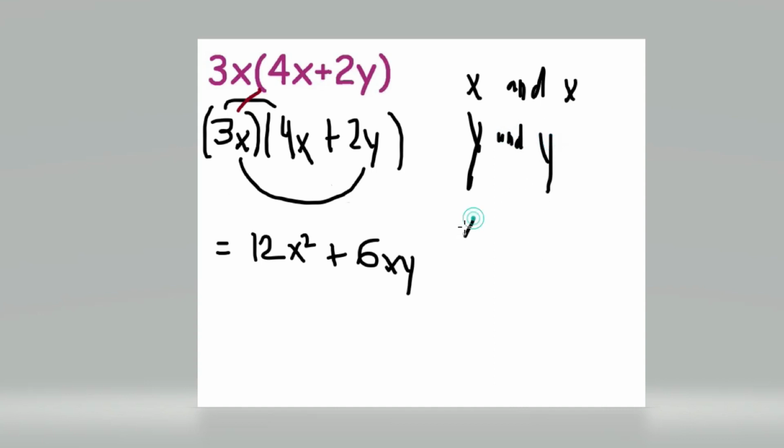Pwede rin x squared and x squared. Similar variables ay, from the word similar, parehas sila variables. Kaya tayo naghahanap ng similar variables after the expansion is para ma-simplify natin into one variable each present variable.